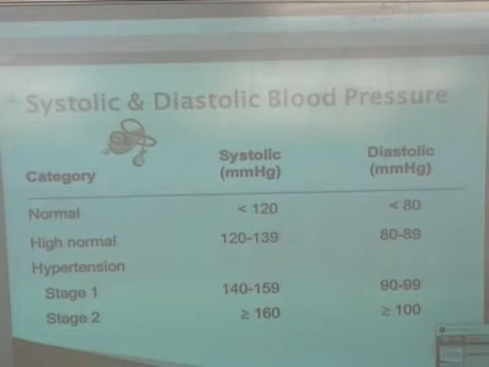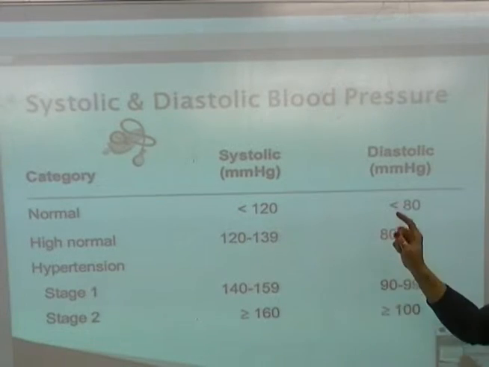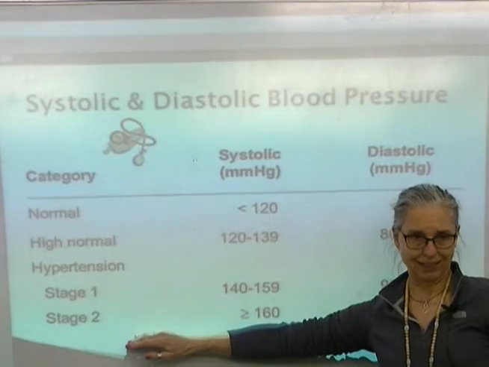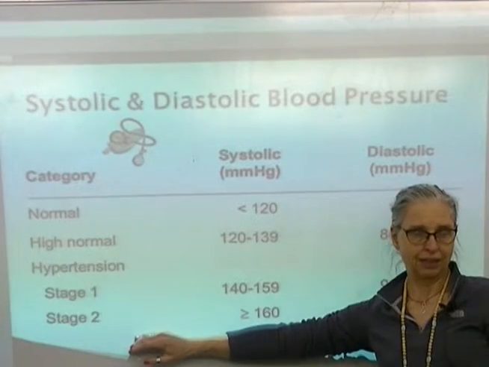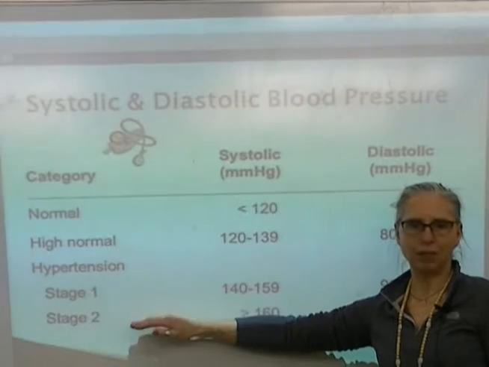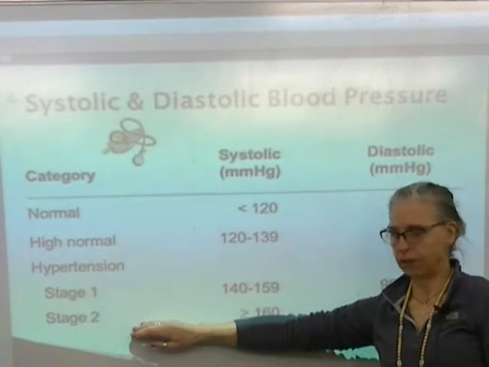It's very important if you are going to set training programs for anybody and they tell you that they have hypertension, that you identify whether they are moderate or high, right? Because it impacts the program you should be planning for that person, okay?